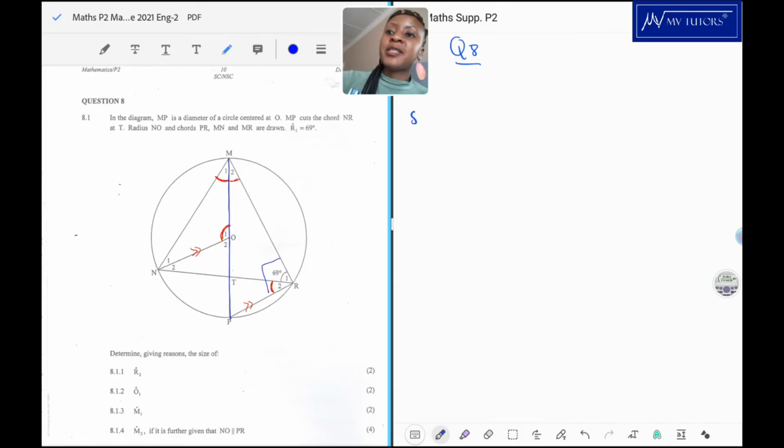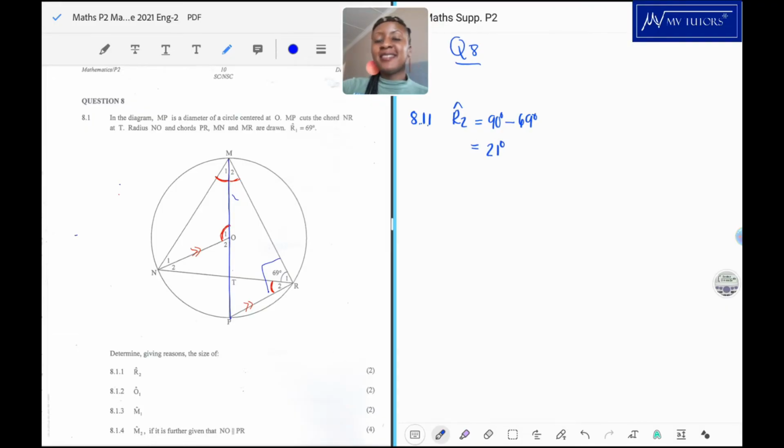So we can already say, 8.1.1, R2 is actually equal to 90 degrees minus 69 degrees, because R2 and R1, when you add them up, they need to give you 90 degrees. So we can then say that is 21.